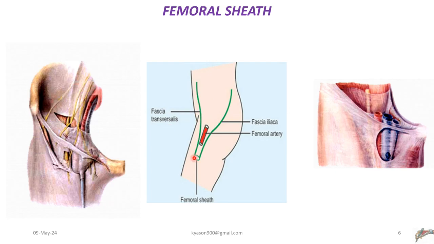So part of it extends downwards, okay? And then posteriorly, there's what we call the fascia iliaca. The fascia iliaca is this fascia that is going to be on top of the iliacus muscle, this fascia here. So these two are going to continue downwards to wrap around the femoral vessels to form our so-called femoral sheath.